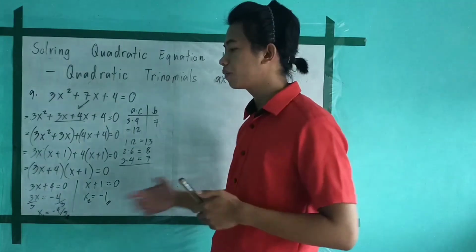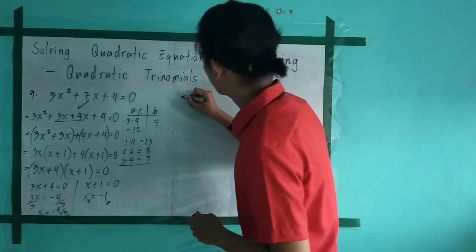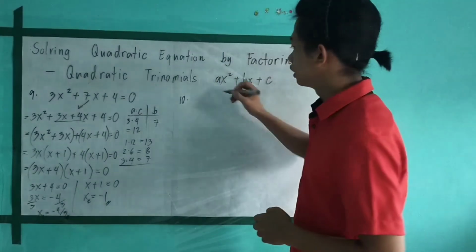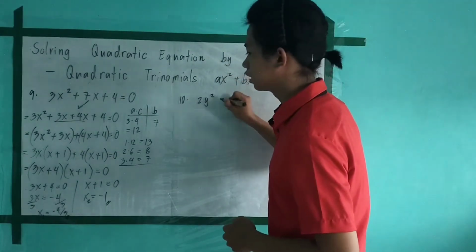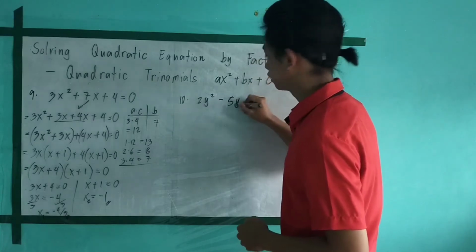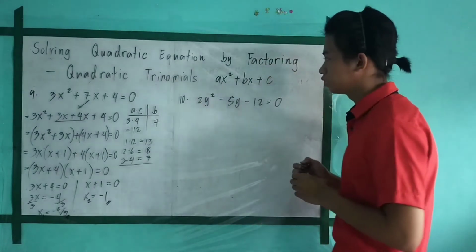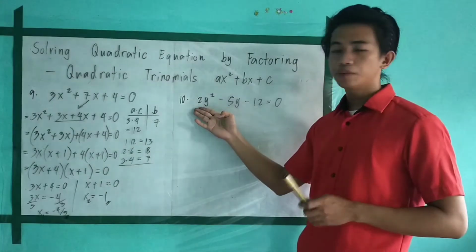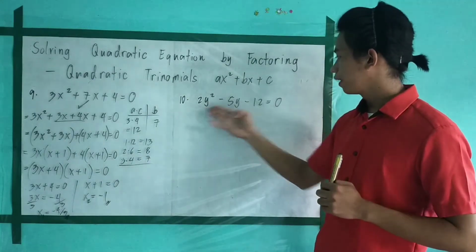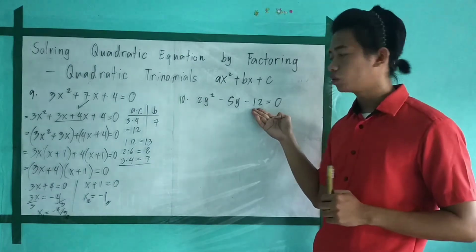Let's have another problem. Problem number 10. Let's say we have 2y squared less 5y less 12 is equal to 0. So, yung a natin, merong numerical coefficients na 2. And then, ang constant natin ay negative 12.